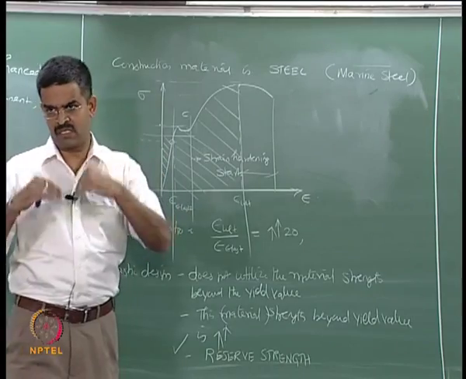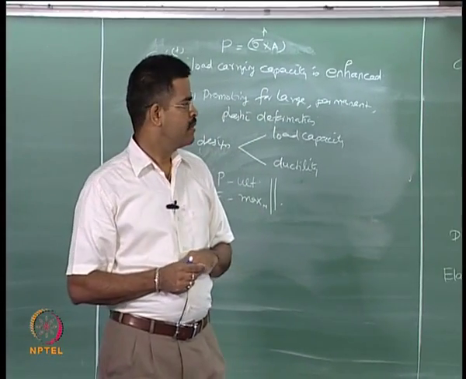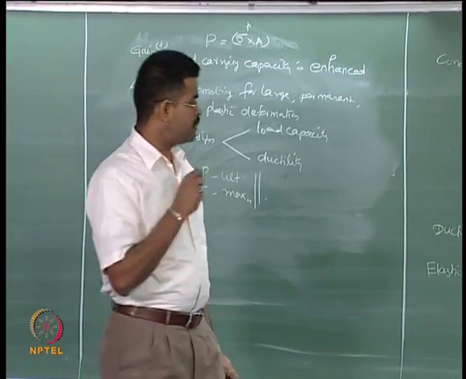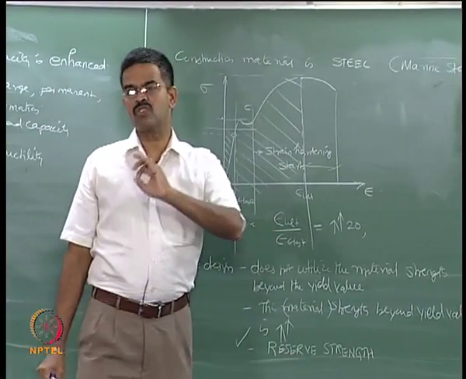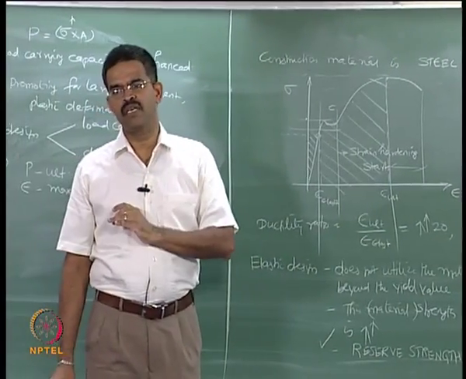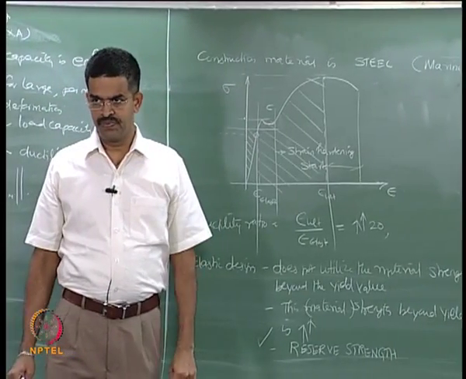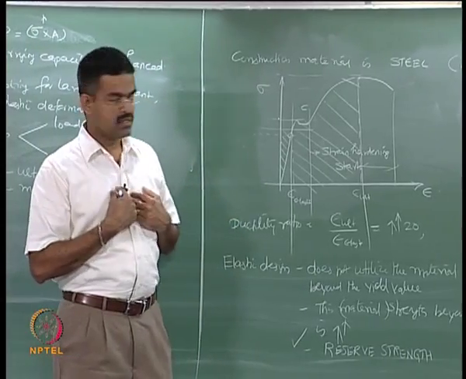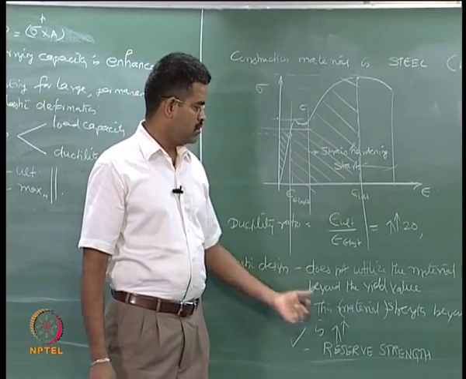I want to utilize the strength, but there is a very vital reason why, especially for marine steel, I cannot stop my load carrying capacity as an index at the first yield value, apart from convincing ourselves that I want to use the strain capacity or the reserve strength.